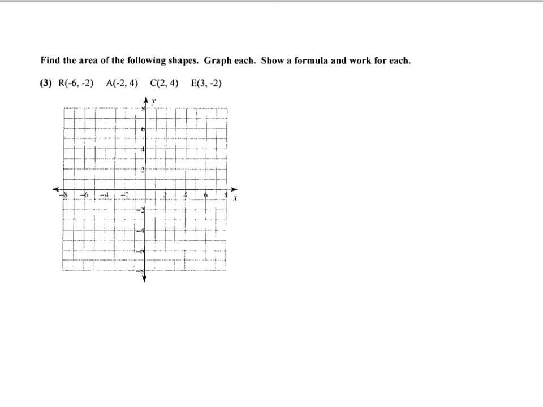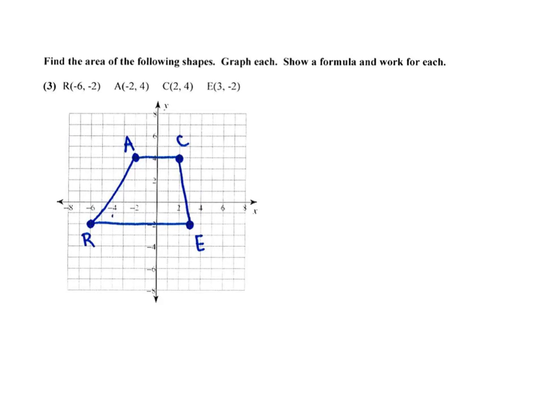So for number 3, let's go ahead and plot the points. So this is quadrilateral RACE. We have -6, -2, etc. Note that this is a trapezoid that is positioned lovely, meaning we can just go ahead and count vertical and horizontal spaces for our formula for our area of a trapezoid.